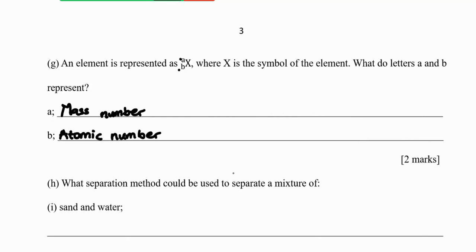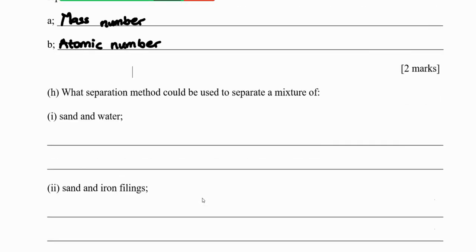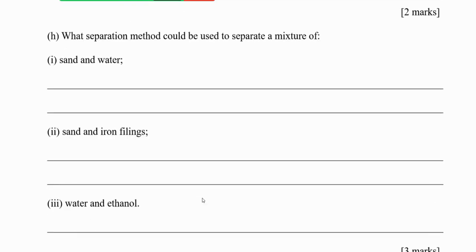And the next question says, what separation method can be used to separate a mixture of sand and water? Sand and water, we can use filtration for this separation process.